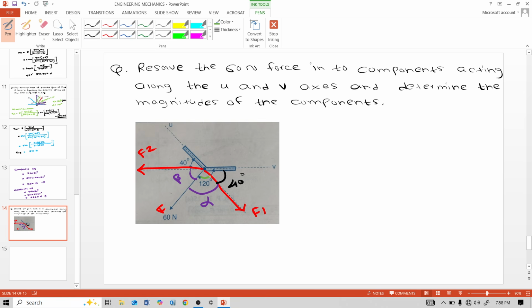And here one thing is this angle is 120 degree, so your alpha will be 120 degree minus 40 degree. It is 80 degree.